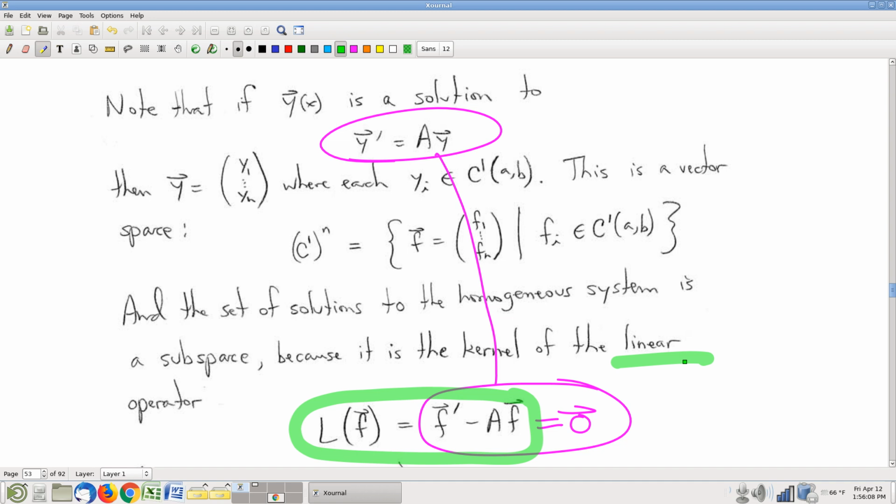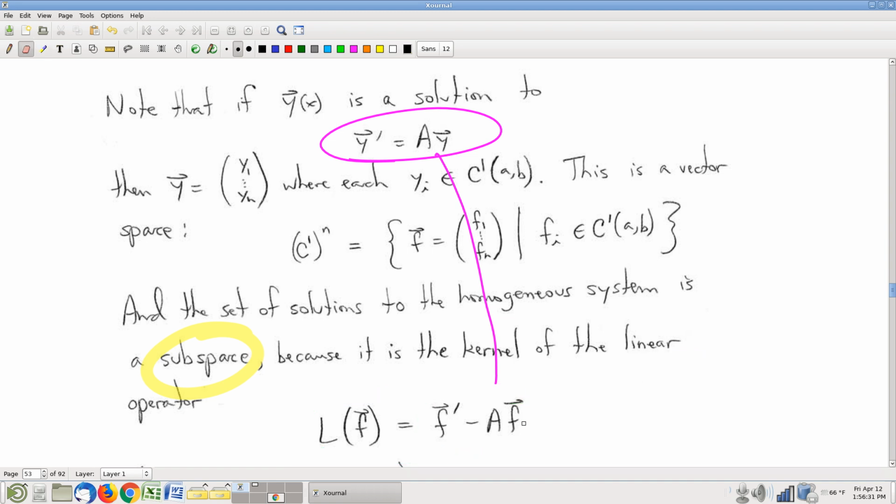We're trying to find the kernel of that linear transformation, which of course we also know from way back is a subspace. So that's a lot of linear algebra talk. We're looking for the subspace that is the kernel of a linear transformation acting on a vector space. It is very much a linear algebra problem. Okay, so keep that in mind as we go along.